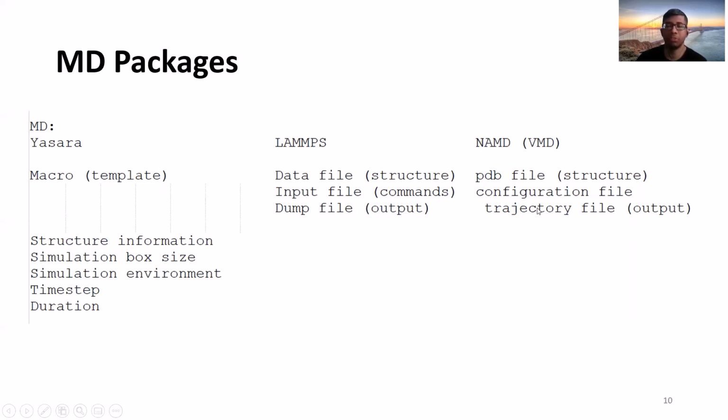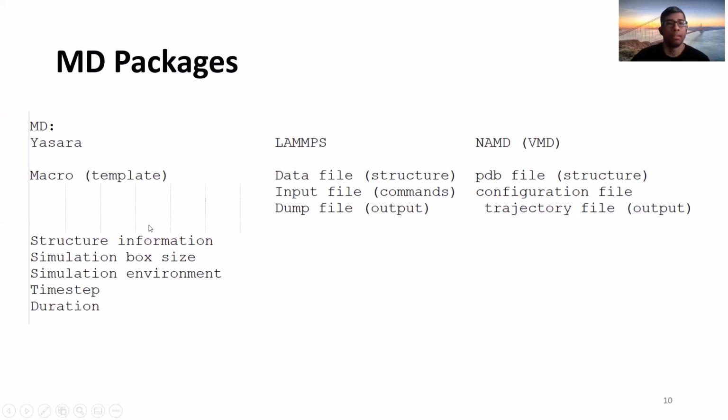And in the trajectory file, you will have all the things that you wanted to calculate, for example, the velocity or deformation of the structure. In case of LAMMPS, you'll get a dump file where you have the same things as output.